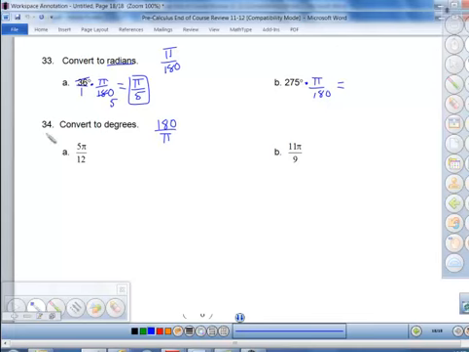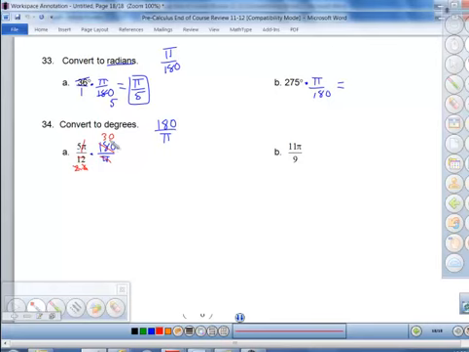And then let's try number 34. In order for us to get rid of the pi, to convert it to degrees, we're going to keep the pi in the denominator because it has to cancel out. And then the 180 goes like this. All right, so the pi's cancel. Now, I know 6 is in 12. So if I said this is 2 times 6, 6 goes into 18 3 times.